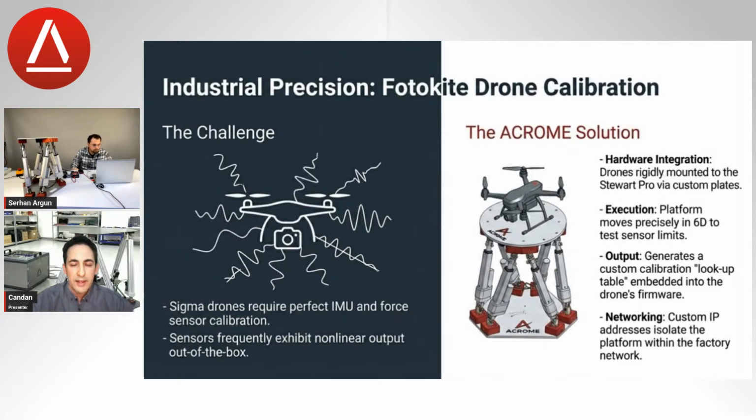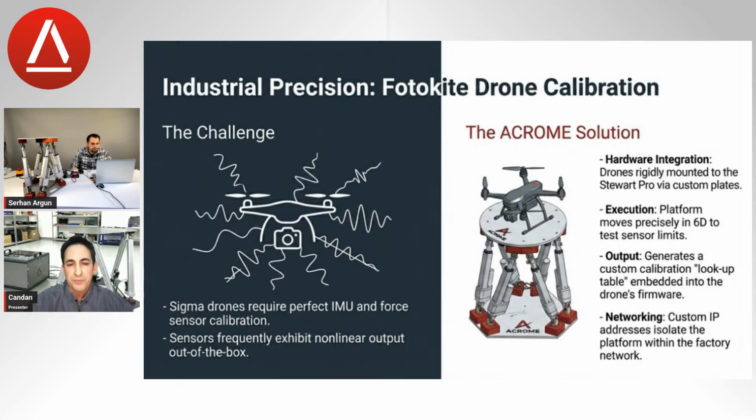Sigma drone is the brand name of Photokite's drones, and they are a special kind of drone which is tethered and operates 24/7 in an emergency area, sometimes just for recording a video of the area, or sometimes to measure low-level noise, vibrations, and so on.